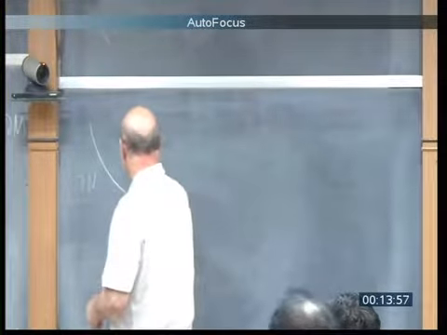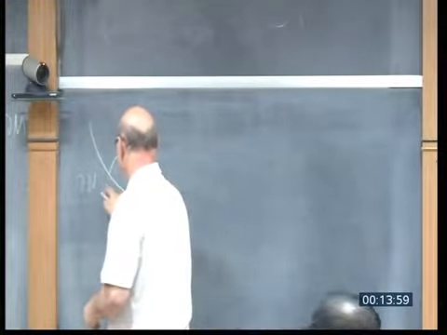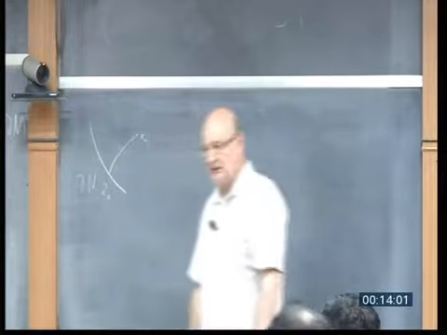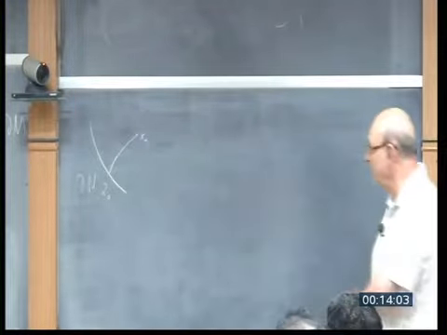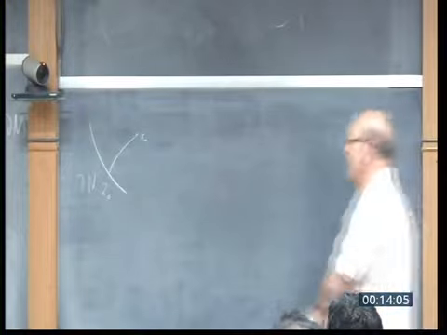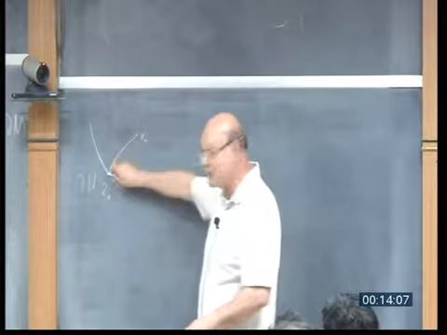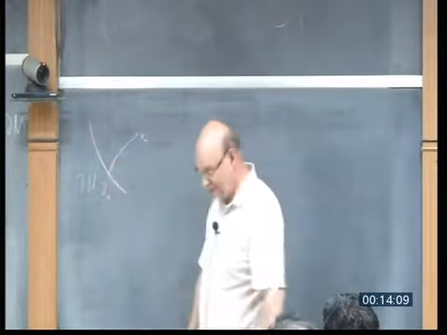How do we do it? Let me recall what we did. So that is our N. And then for any point x0, there was a nearest point of the boundary, z0. There may be several of them, but at least one nearest point of the boundary. And this shortest path is actually a normal geodesic to the boundary.